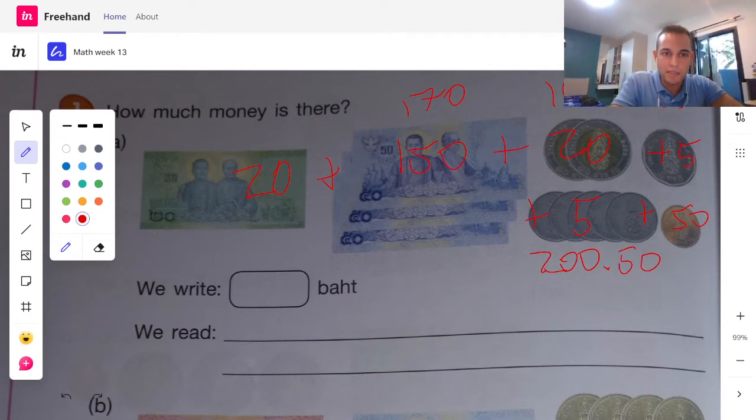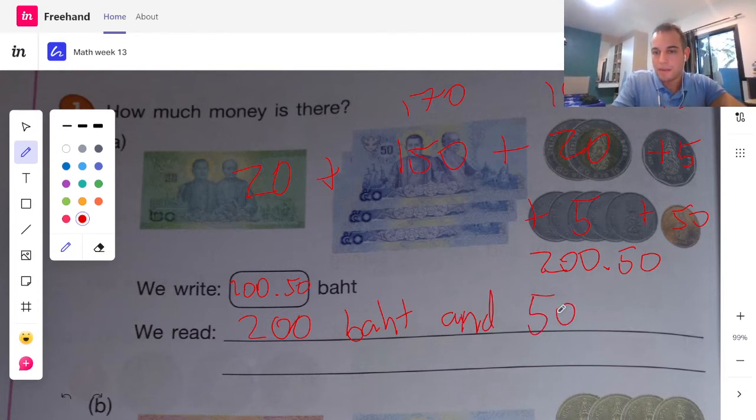So we write 200 baht and 50 satang, or we can read it 200 baht and 50 satang.